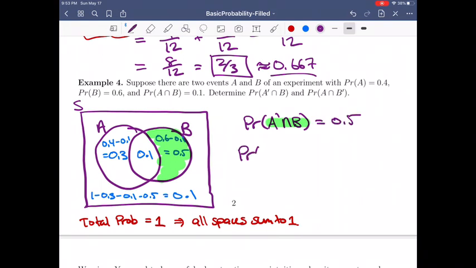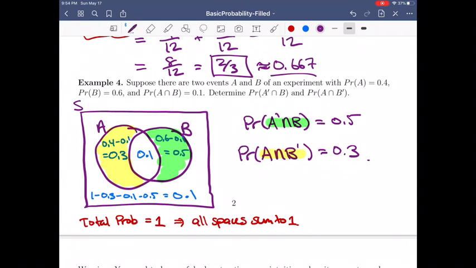Now if we wanted A intersect B complement, you're in A but you're not in B, so that's this part of A over here. So this probability is going to be 0.3. So you can still use the Venn diagram, and once you do, you can usually pick out where the probabilities are.